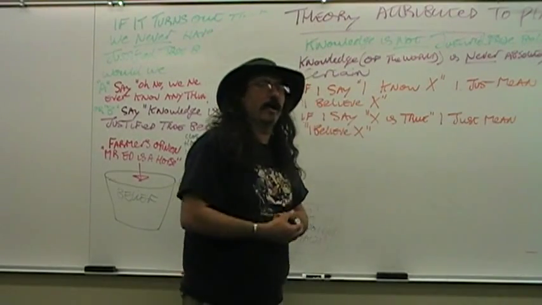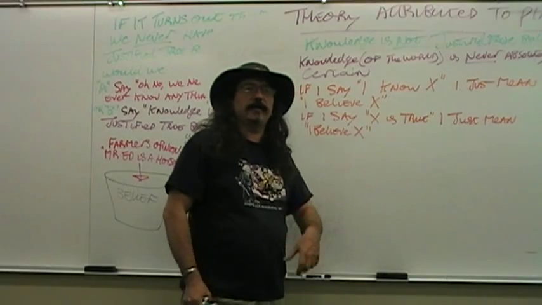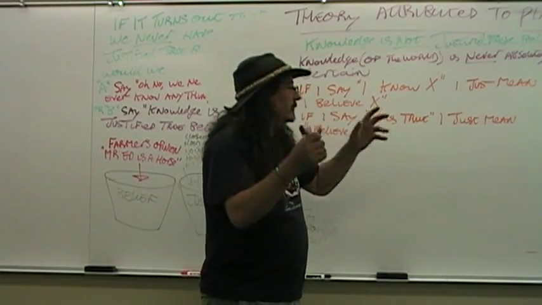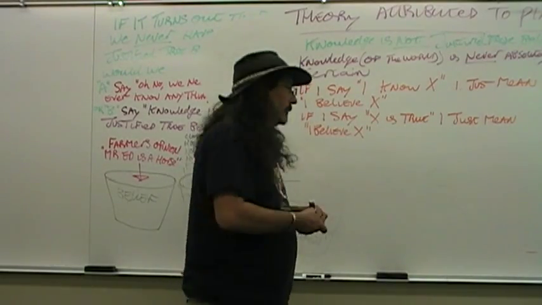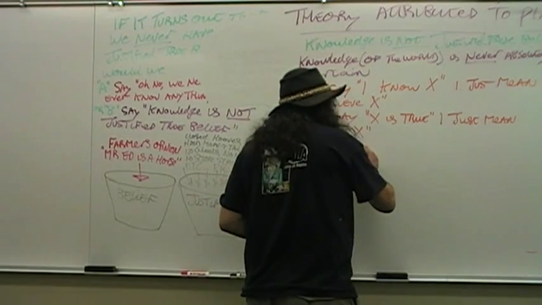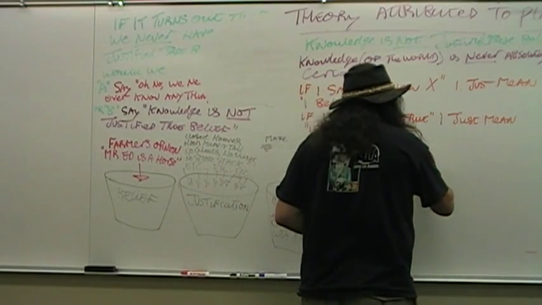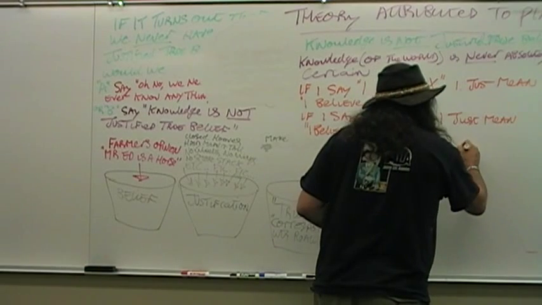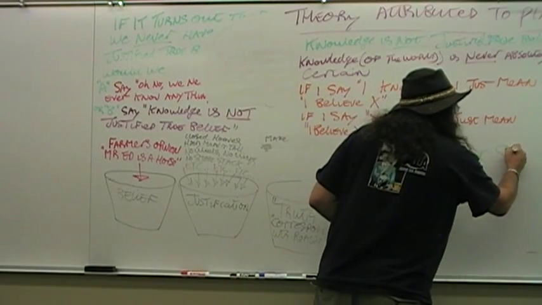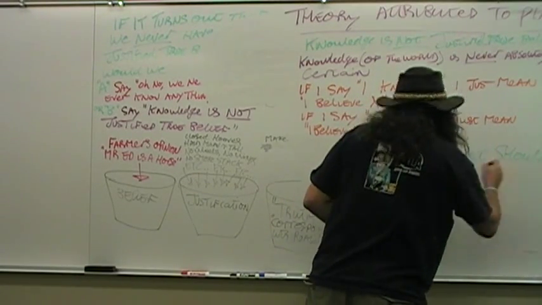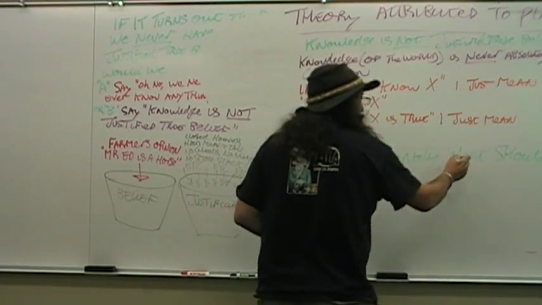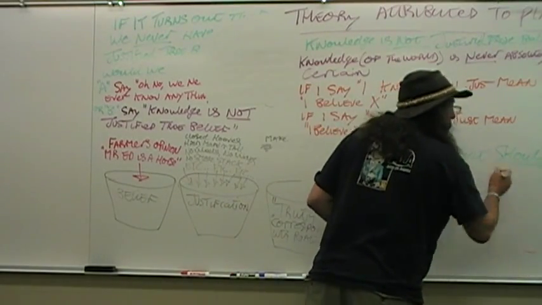Now, when are we justified to say belief, or when can we, from a rational perspective, being rational about it, what should we call knowledge? This is sort of a rational imperative.